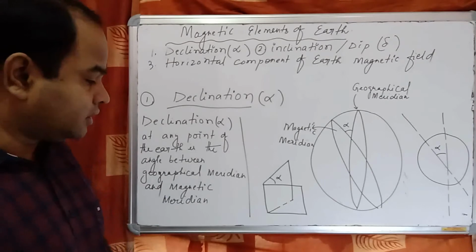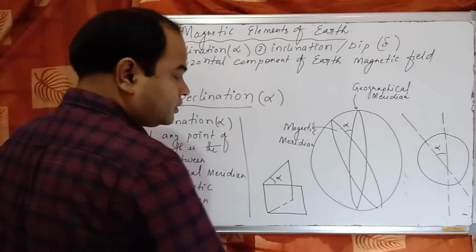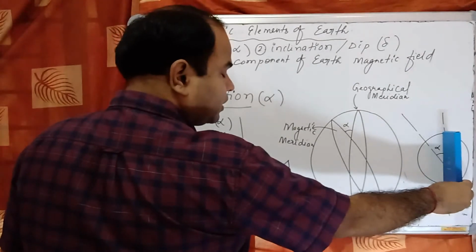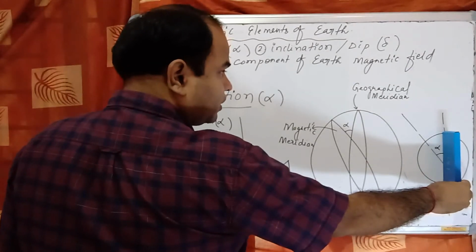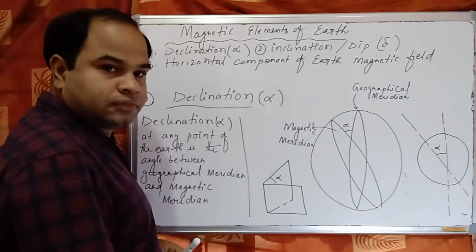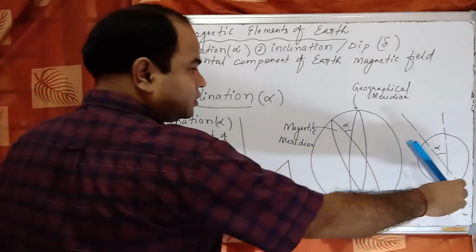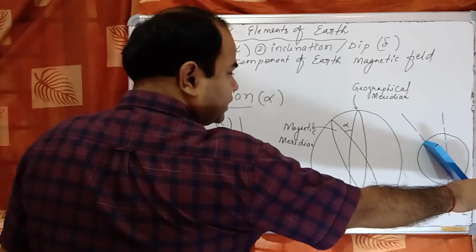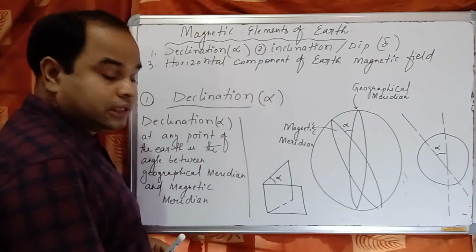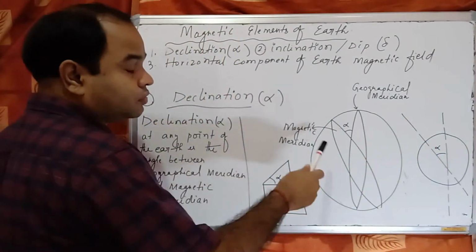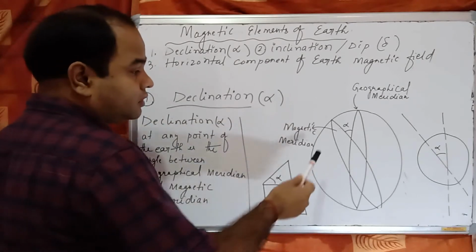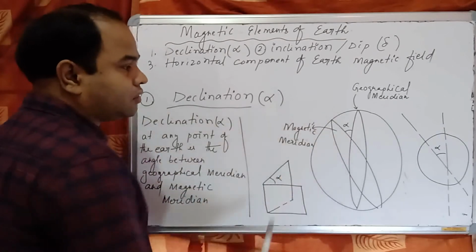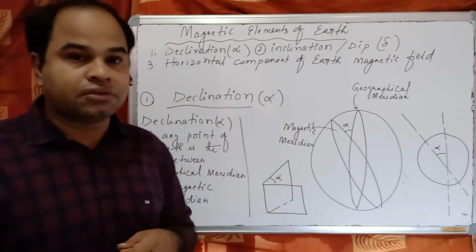We know that the plane passing through the geographical axis is called the geographical meridian, and the plane passing through the magnetic axis is called the magnetic meridian. The angle between this magnetic meridian and this geographical meridian is called declination, that is alpha.